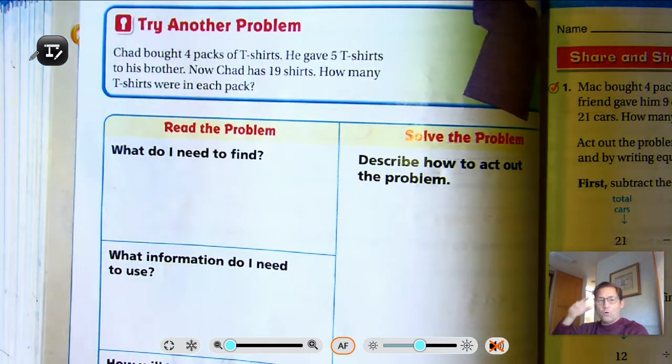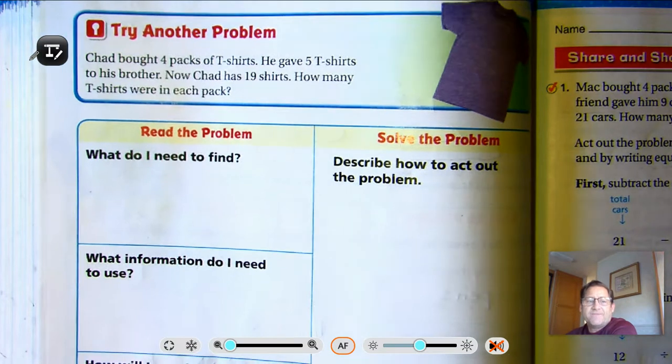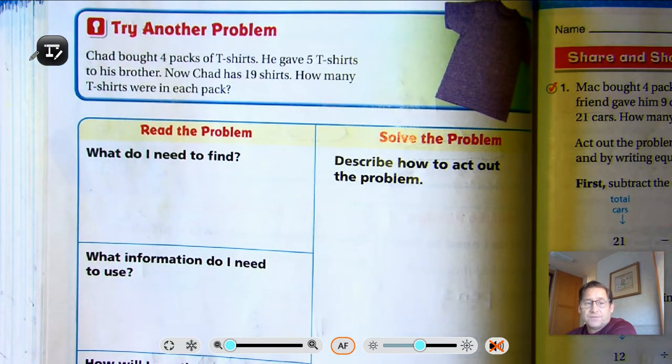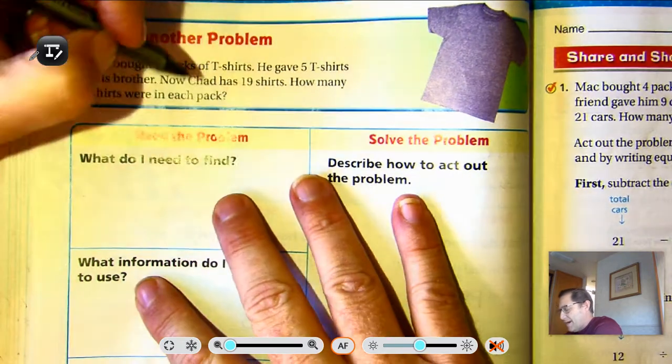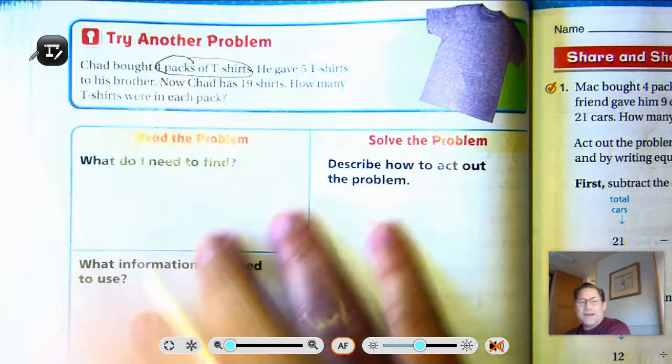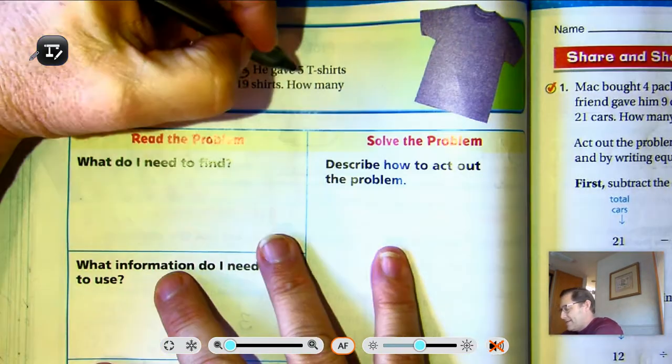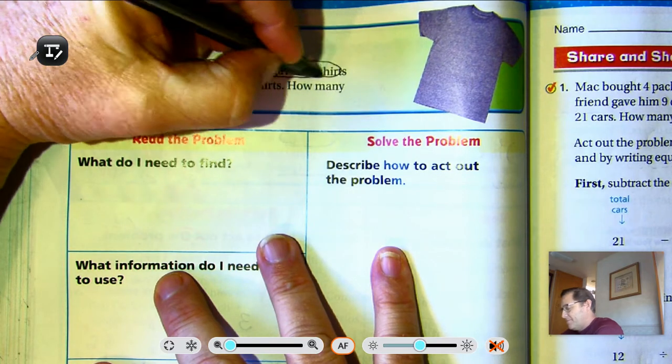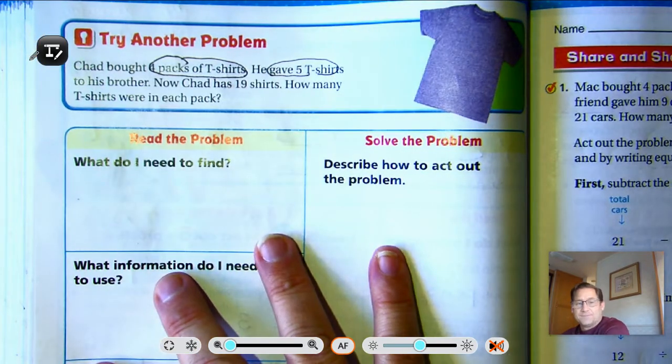Chad bought 4 packs of t-shirts. He gave 5 t-shirts to his brother. Now Chad has 19 shirts. How many t-shirts were in each pack? All right, so he bought 4 packs. He gave 5 t-shirts away.